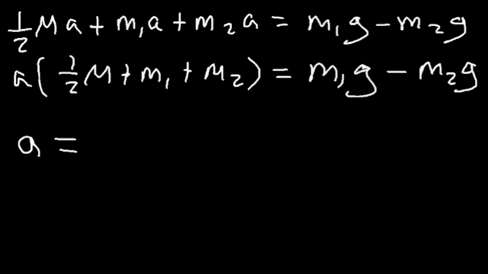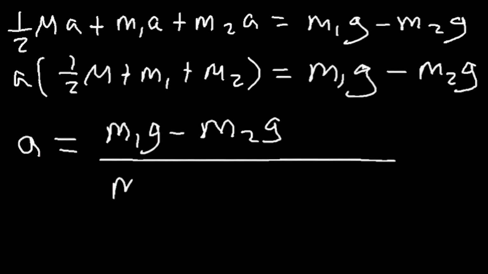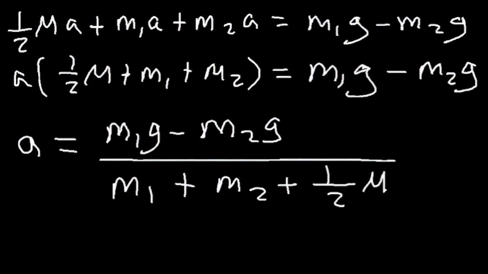So the acceleration is m1g minus m2g divided by m1 plus m2 plus 1/2 m, which is the same equation that we had before once we calculated the acceleration, and that gave us a value of 1.96 meters per second squared.